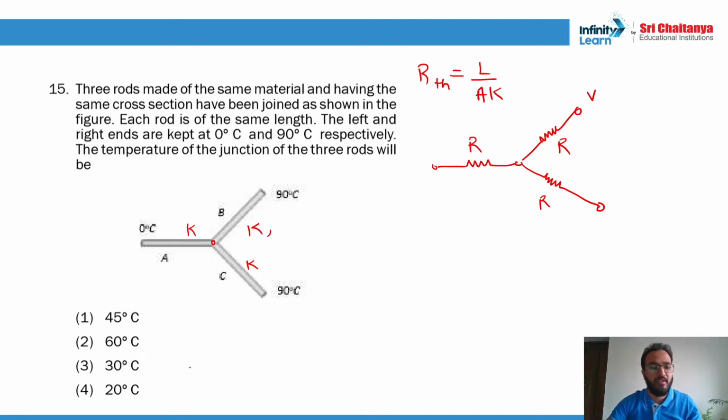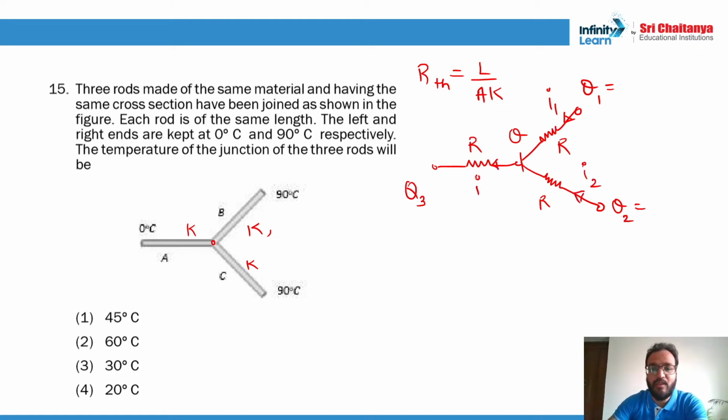So this is theta 1, this is theta 2, this is theta 3, and this is theta. Whatever current is coming here is I1, whatever current is coming here is I2, and whatever current is going here is I3. So you can use Kirchhoff's junction law and say that I1 plus I2 is equal to I3. What is I1? Temperature difference upon resistance.